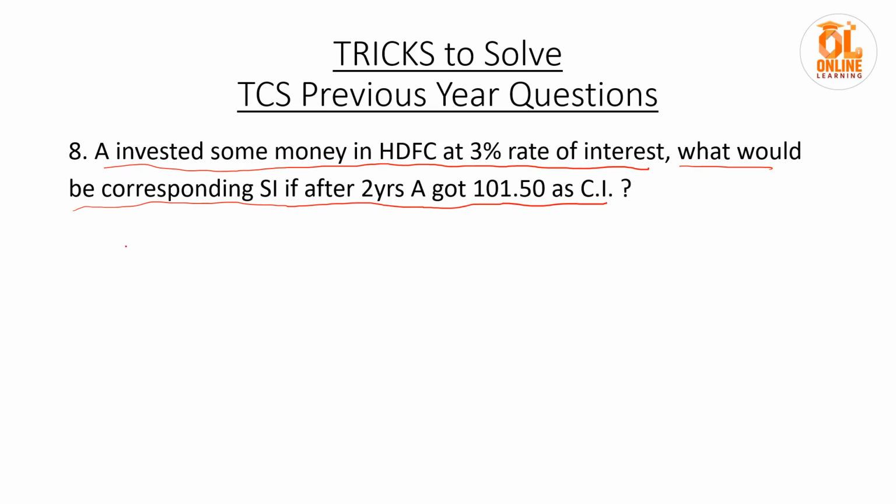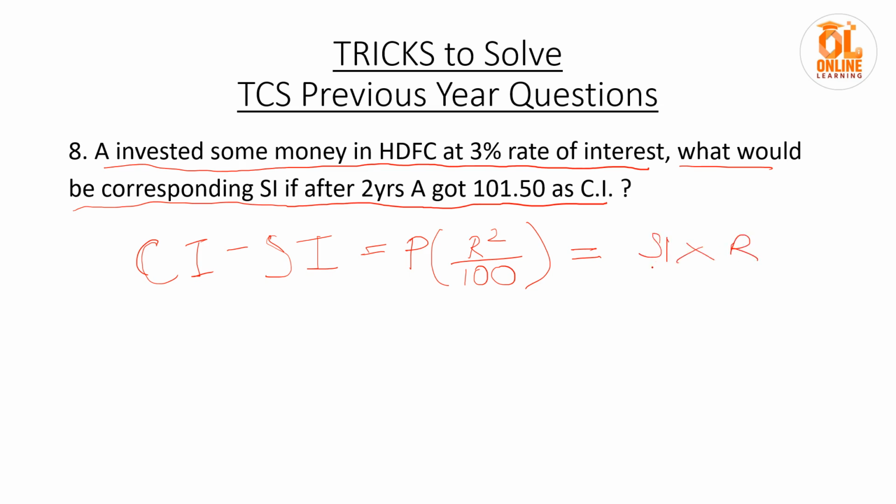So we have one formula, that is CI minus SI for 2 years is P, that is principal amount, R square, that is rate of interest, by 100. And we have one more formula, CI minus SI is equal to SI into R by 200.